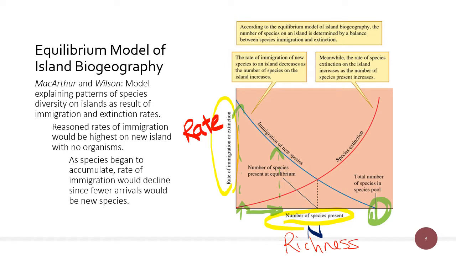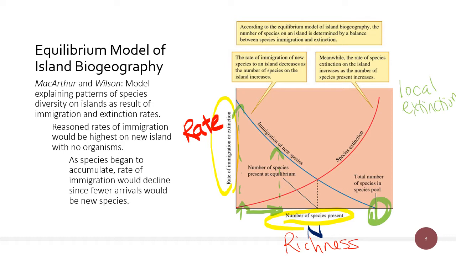But that gets balanced by species extinction. When we look at species extinction as it's defined in island biogeography, we're talking about local extinction, which is extinction just on that island or in that location.